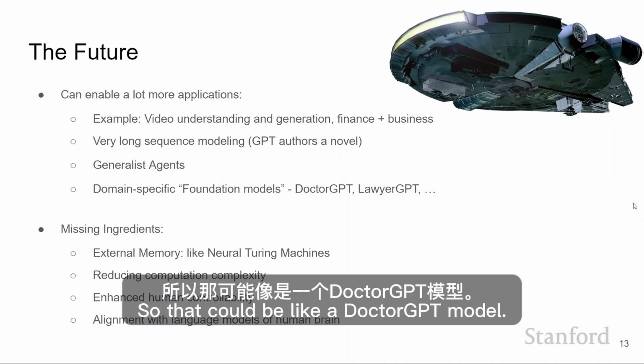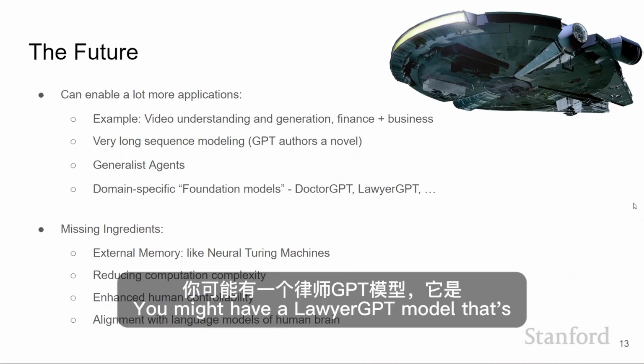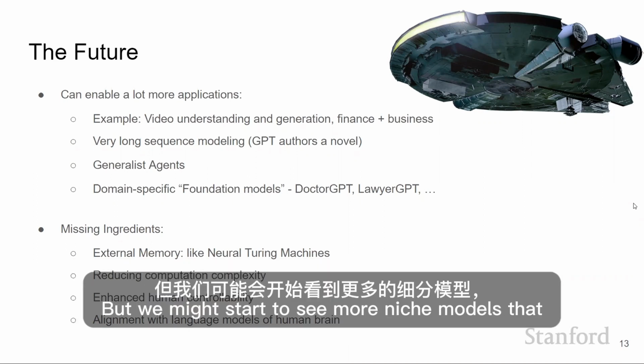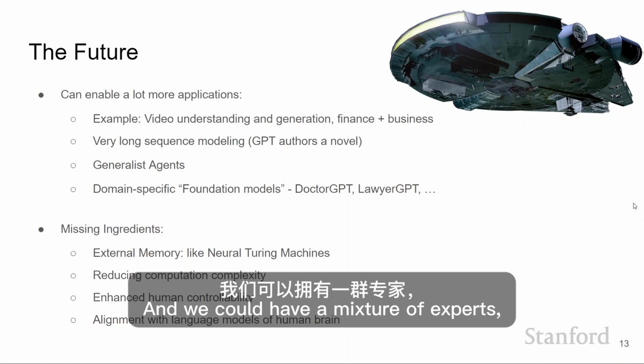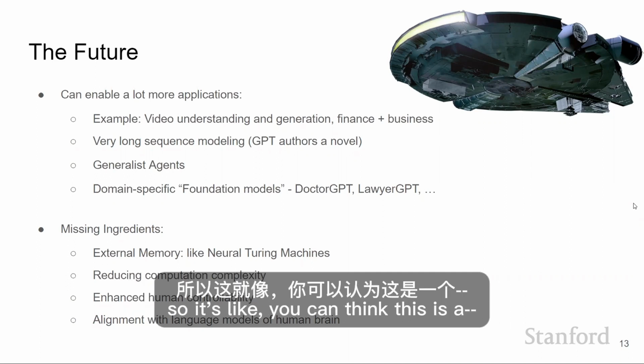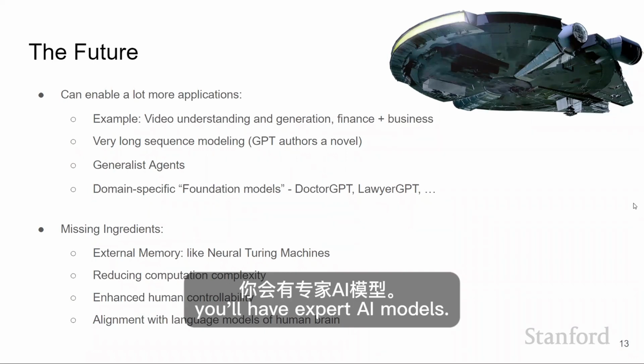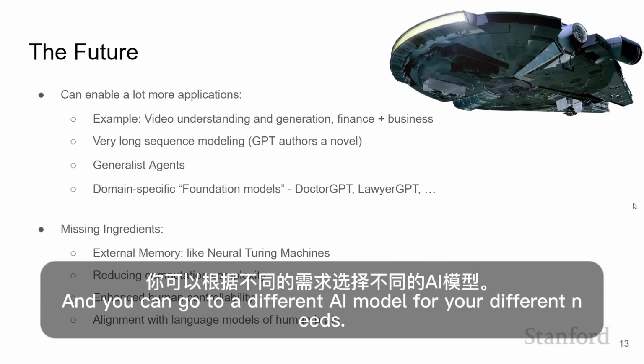So that could be a doctor GPT model. You might have a lawyer GPT model that's trained only on law data. Currently we have GPT models that are trained on everything, but we might start to see more niche models that are good at one task. And we could have a mixture of experts. You can think of it like how you normally consult an expert. You'll have expert AI models, and you can go to a different AI model for your different needs.